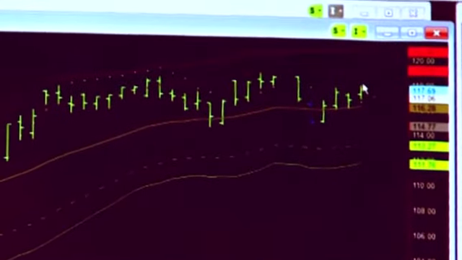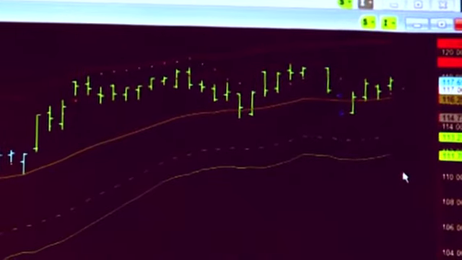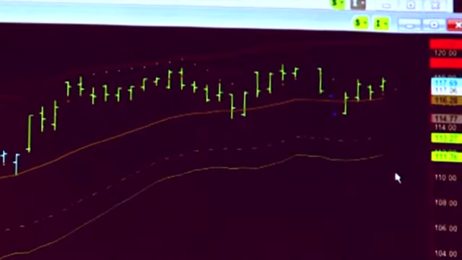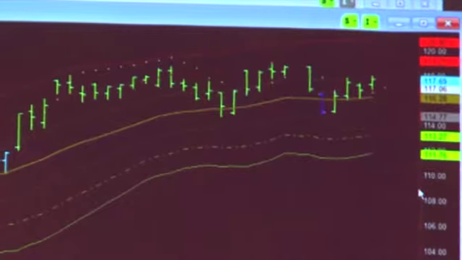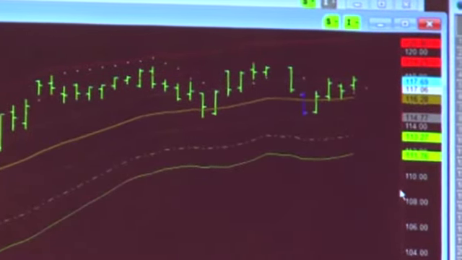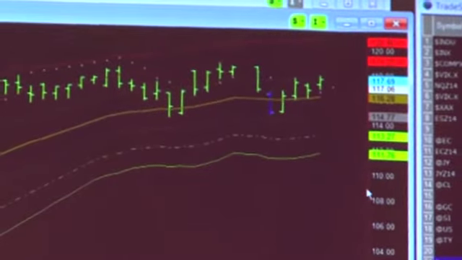So what's the distance between those channel lines? The distance is 1 ATR, 1 average true range. So what is 1 ATR in IWM? It's 111.76 to 113. So 1 ATR is close to 1.5. It's close to 1.5.